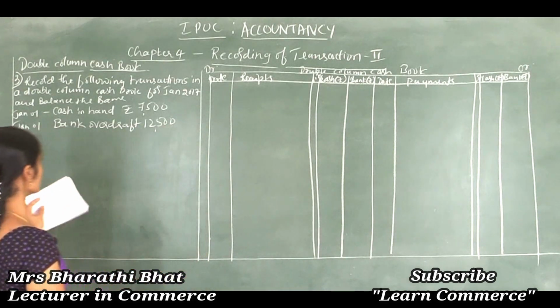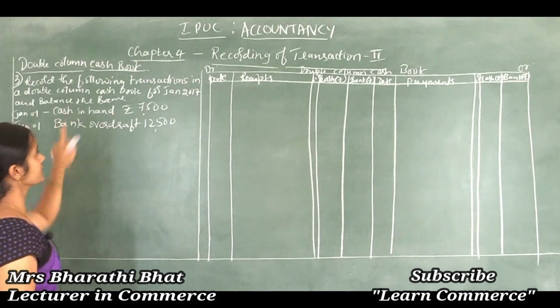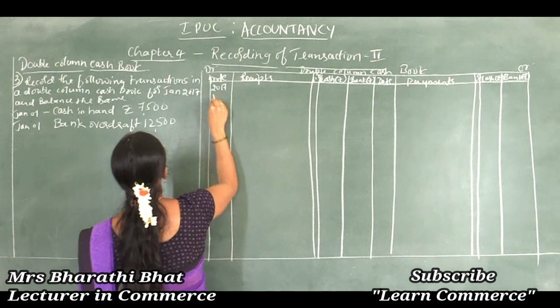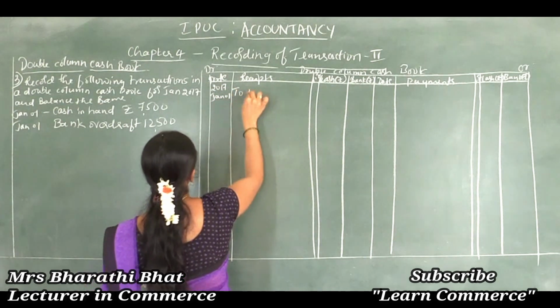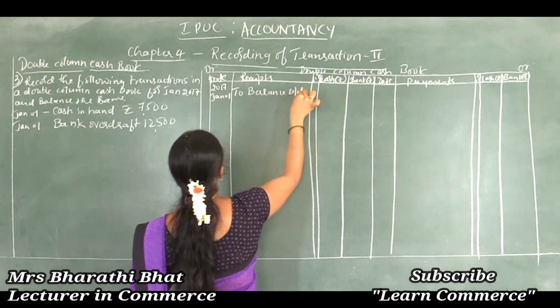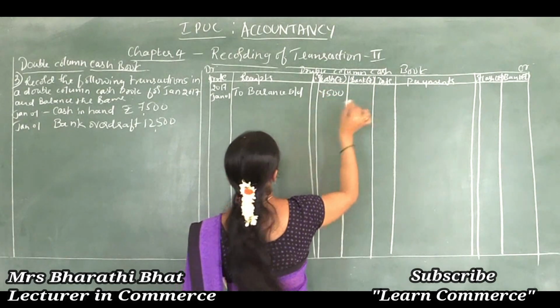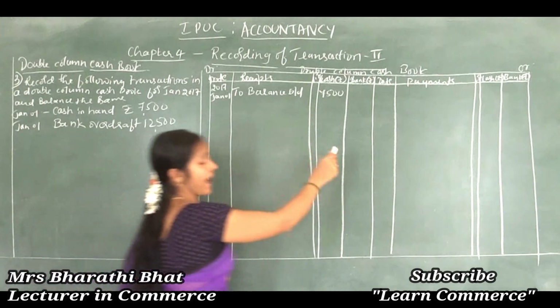But now in this case we can't write like that. January 1, 2017, cash in hand we can easily write: to balance brought down, 7,500 in the cash column. But can we write this bank overdraft in this bank column?